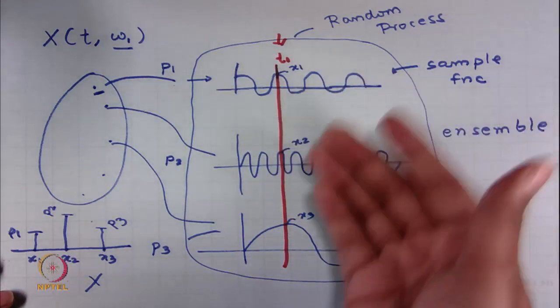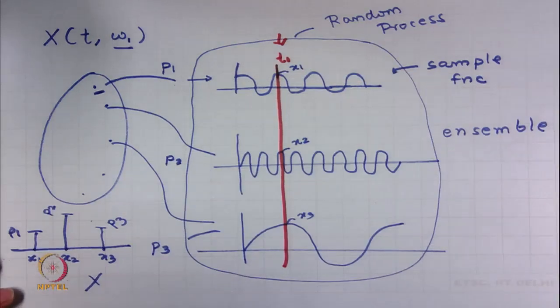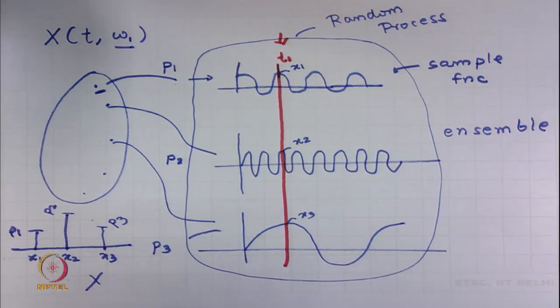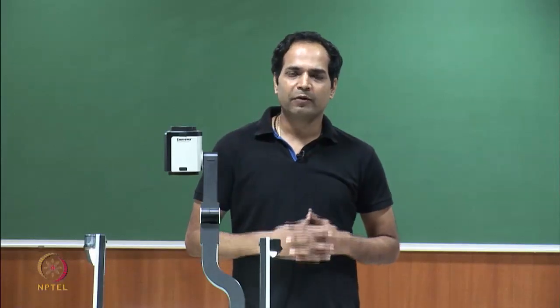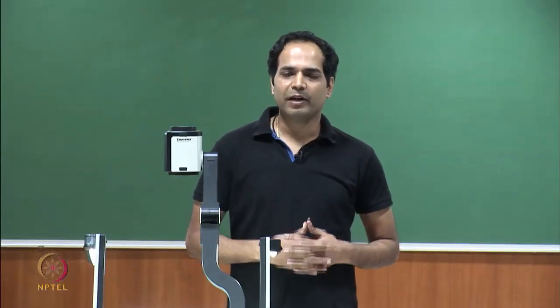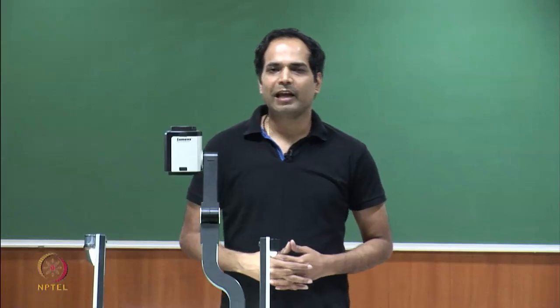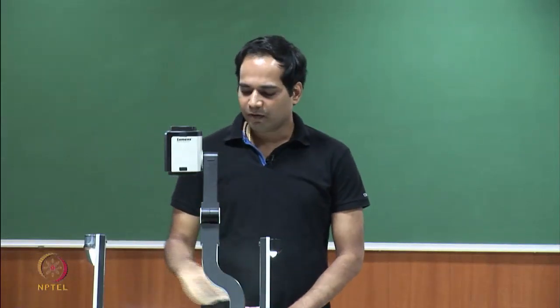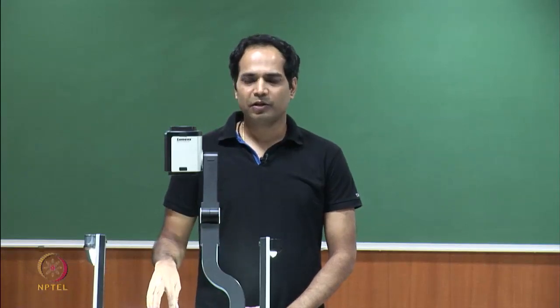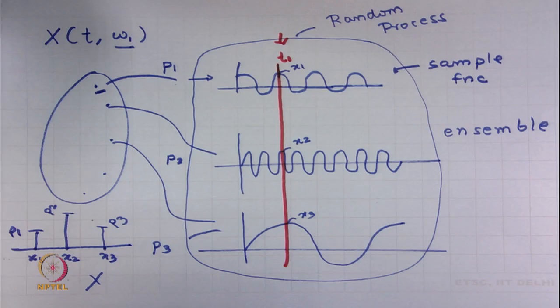Because a mobile receiver or a digital communication receiver would just see one sample function in its lifetime. The answer is very simple: when you are manufacturing mobile phones, you should manufacture them in such a way that they accommodate the multiplicity of sample functions. They should be able to handle a multiplicity of sample functions. They should not be manufactured to handle a specific sample function, because you then do not know which sample function that mobile phone or digital communication receiver would experience.